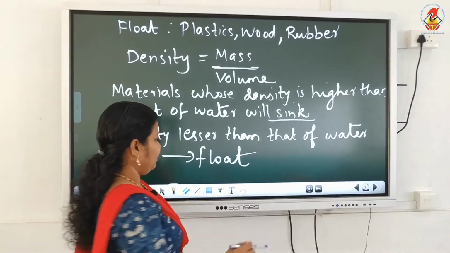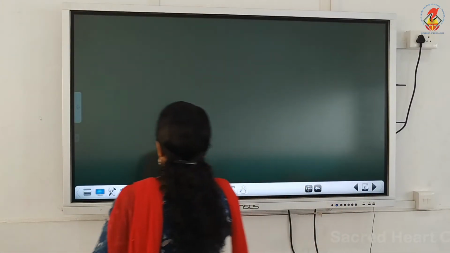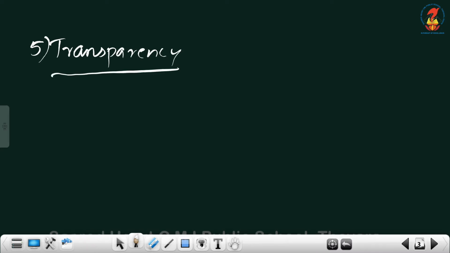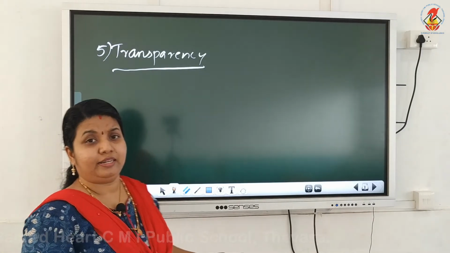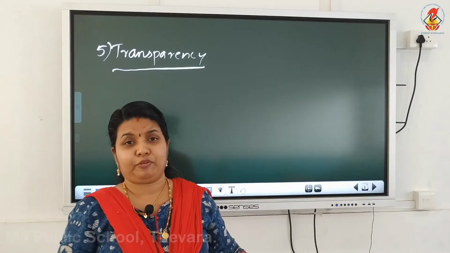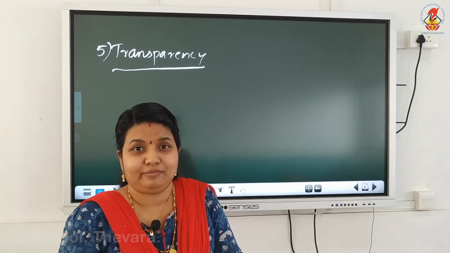Now we move on to the last property, the fifth one, transparency. I hope you all play hide and seek. What type of places do you choose to hide?